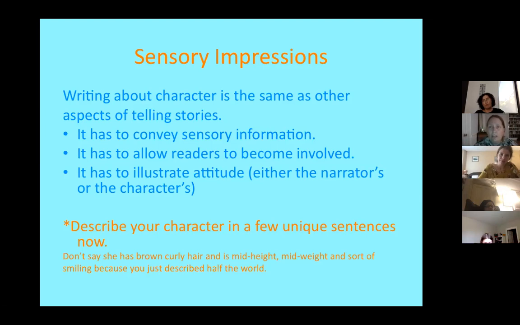Choose things about the character that are different than everybody else. She may very well have brown curly hair, but you're not going to mention it. You're going to mention that exceptionally large brown wart on the side of her face, because very few people have that. You're going to choose the things that, as an observer, you would notice because they're different, not because they're the same. So a few sentences. Go.